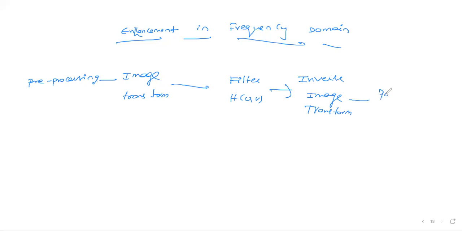Again, we perform post-processing so that we get the enhanced image from the input image. These are the steps involved in the frequency domain. So here we have to learn about these filters.